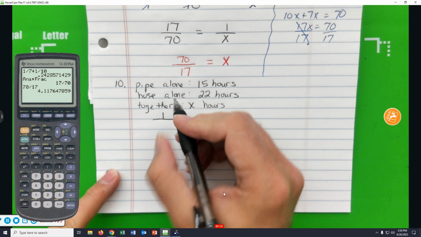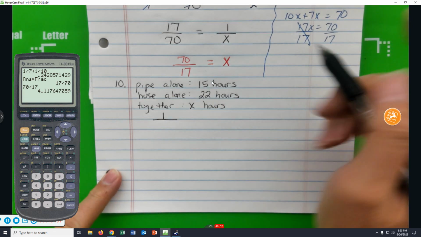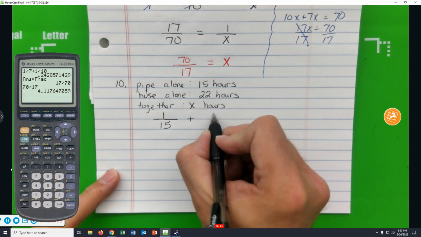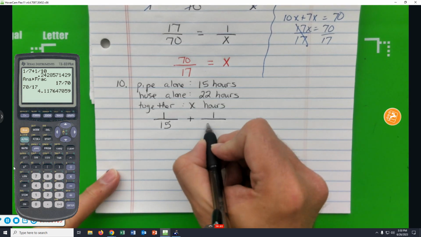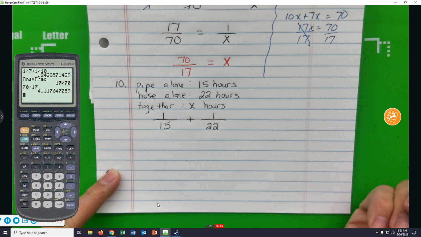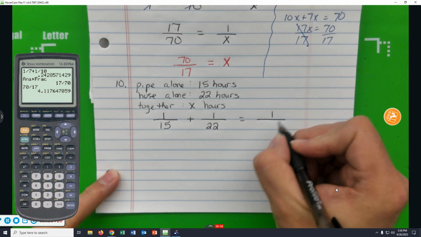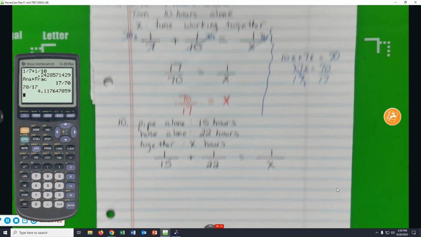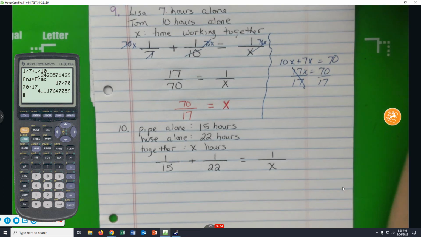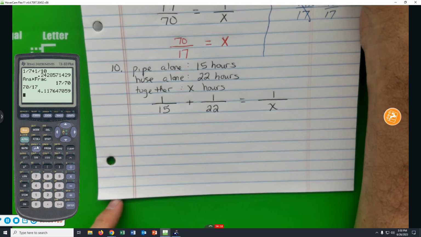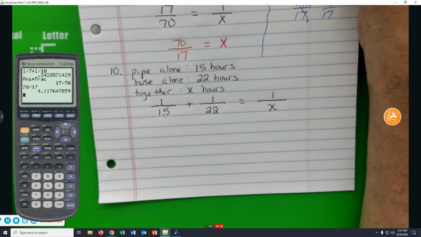1 over time alone 1, so that's the time alone for the first item, plus 1 over time alone 2, that's the second item, equals 1 over time together. If you want to get the common denominator and multiply through, what is that going to be?